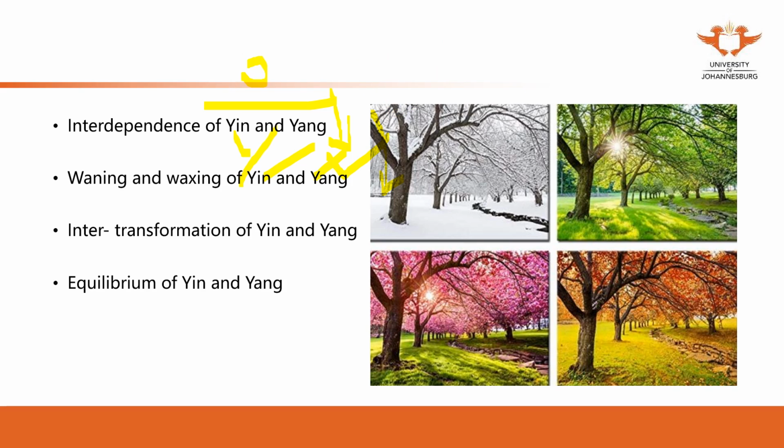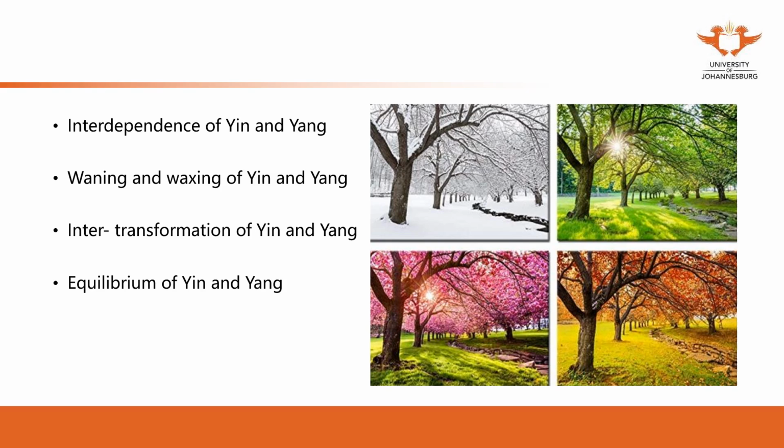These are the characteristics of yin and yang, the waning and waxing. One reduces, the other one increases, or they increase together or reduce together. For example, from spring to summer, the weather becomes warmer, and we have more rain, so that's increasing together.